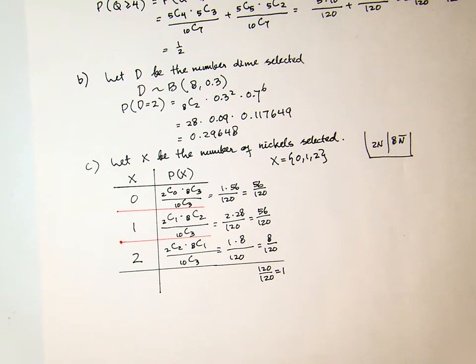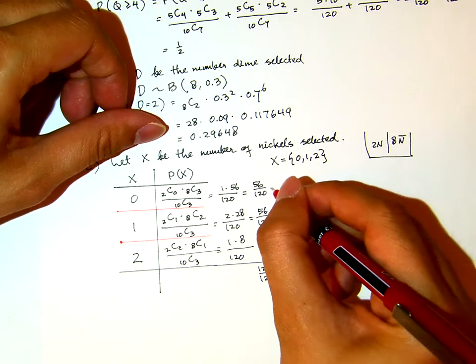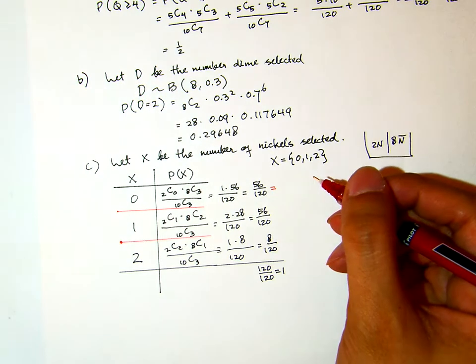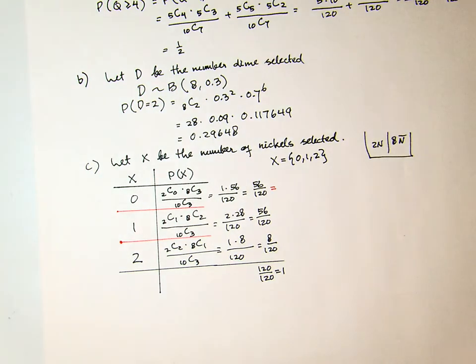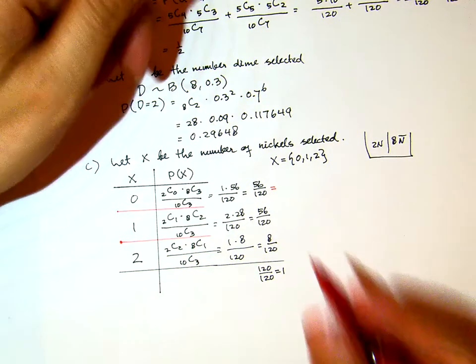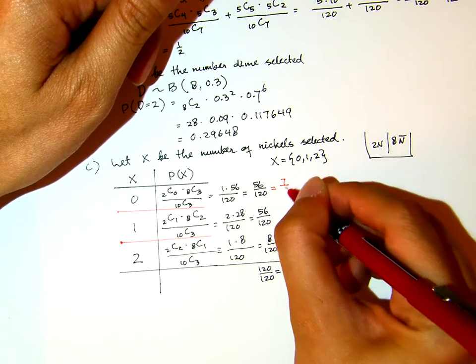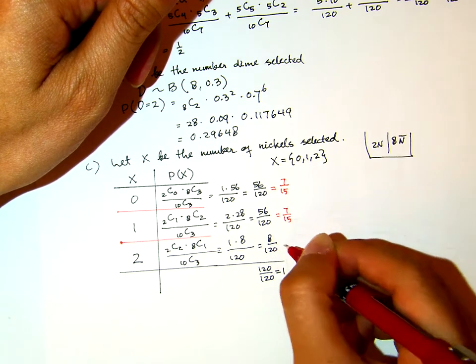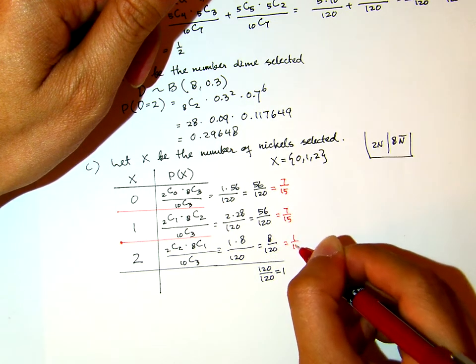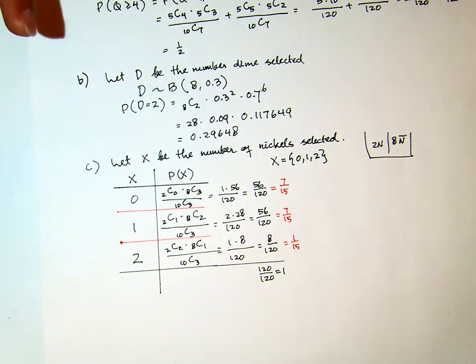For example, I think I can simplify the top and bottom by 8. Let's see. Yes, if I divide by 8, this is 7 over 15. This is also 7 over 15, and this will be 1 over 15. And they add up to 15 over 15, which is 1.